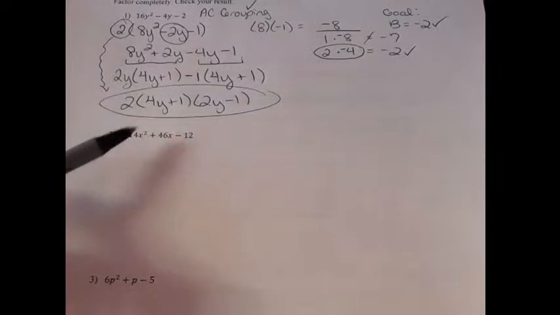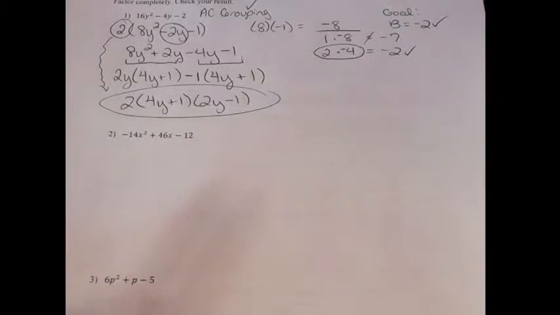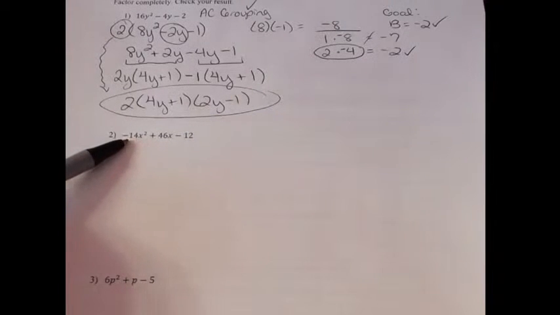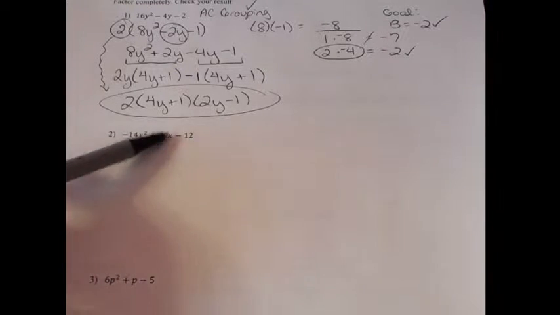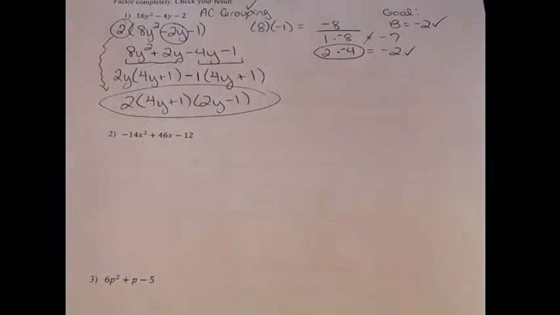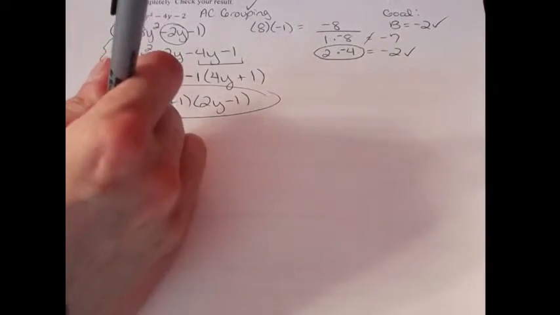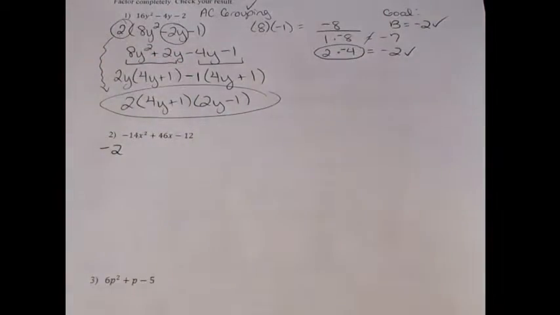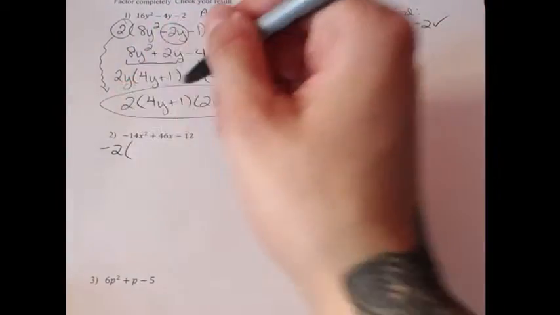I can think about possibly factoring out a number that's greater than that, but consider that the factors of 14 are 1 and 14 and 2 and 7. So the only other factors I'm looking at are either 7 or 14, and we know that 7 or 14 cannot go into 12. So right off the bat, I'm going to say my greatest common factor is a negative 2. So I'm going to factor that out first.